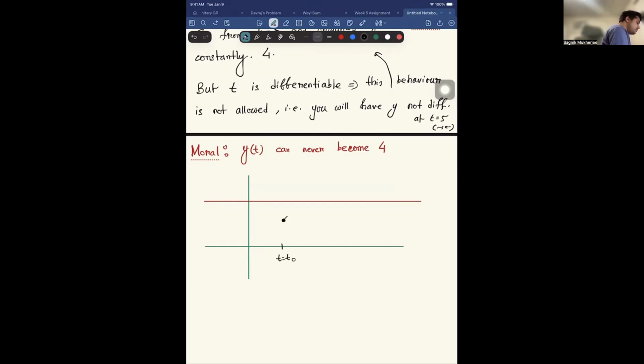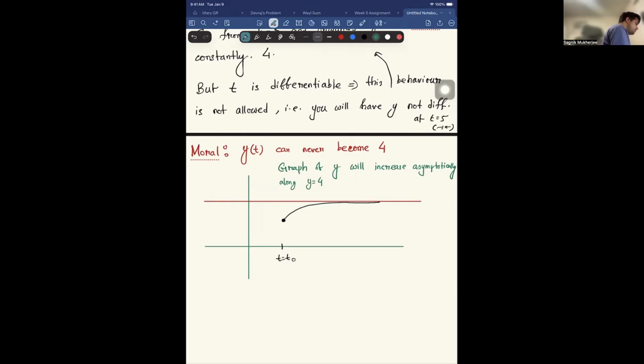The graph of y will increase asymptotically along y equals 4.